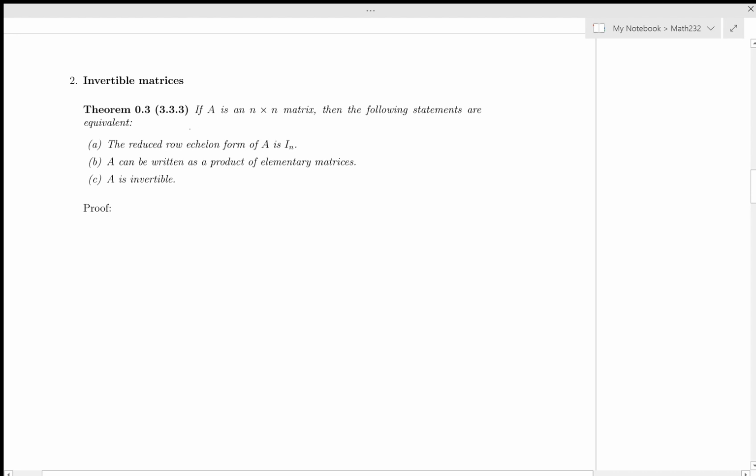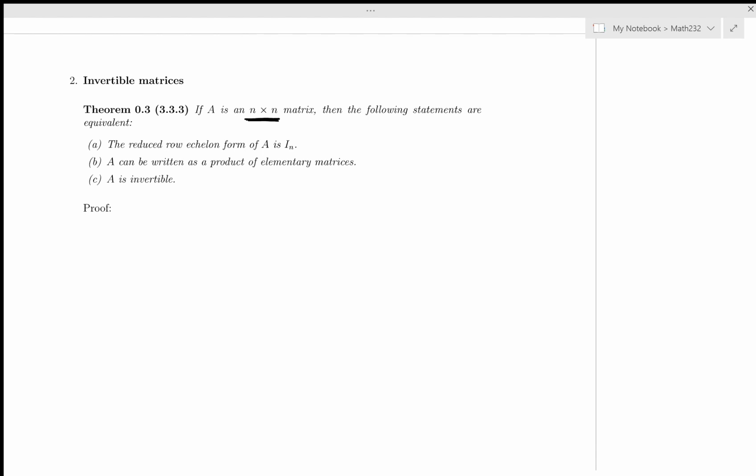Okay, so let's take a look. We take a square matrix. Important to note that, square. And we're saying that if the reduced row echelon form of A is the identity matrix, then A can be written as a product of elementary matrices, and A is invertible. It's more than that, though, because I can read this in any order.